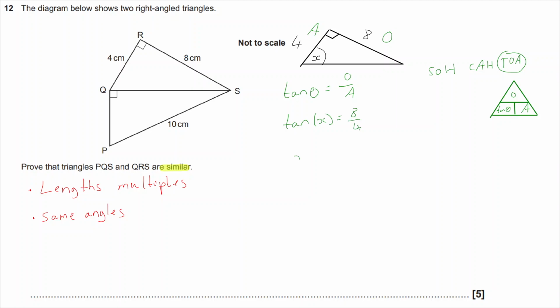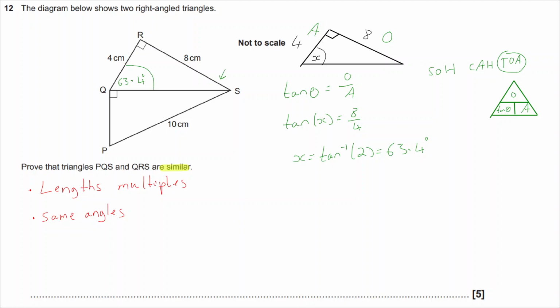So X is going to be equal to the tan inverse of 8 divided by 4, which is 2. And if I do this, I get an answer of 63.4 degrees.